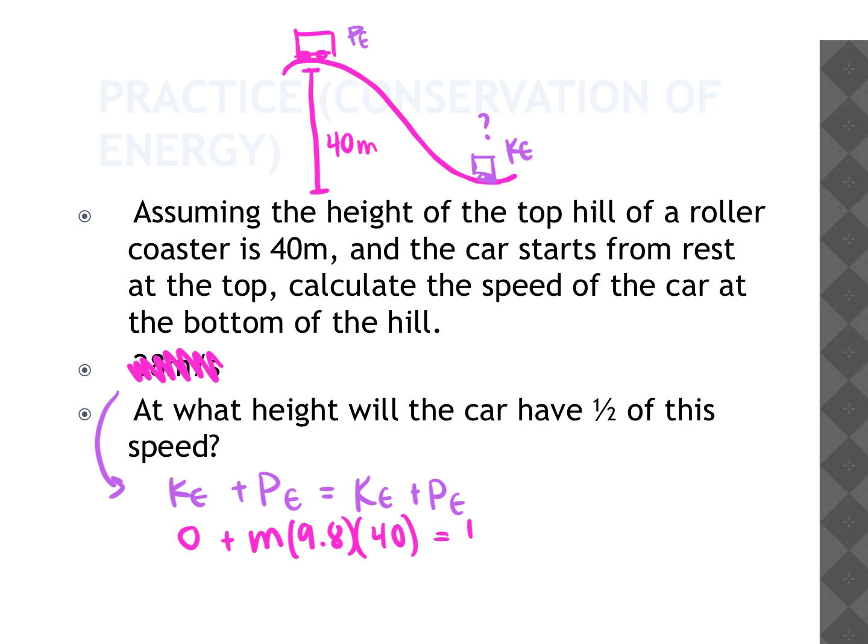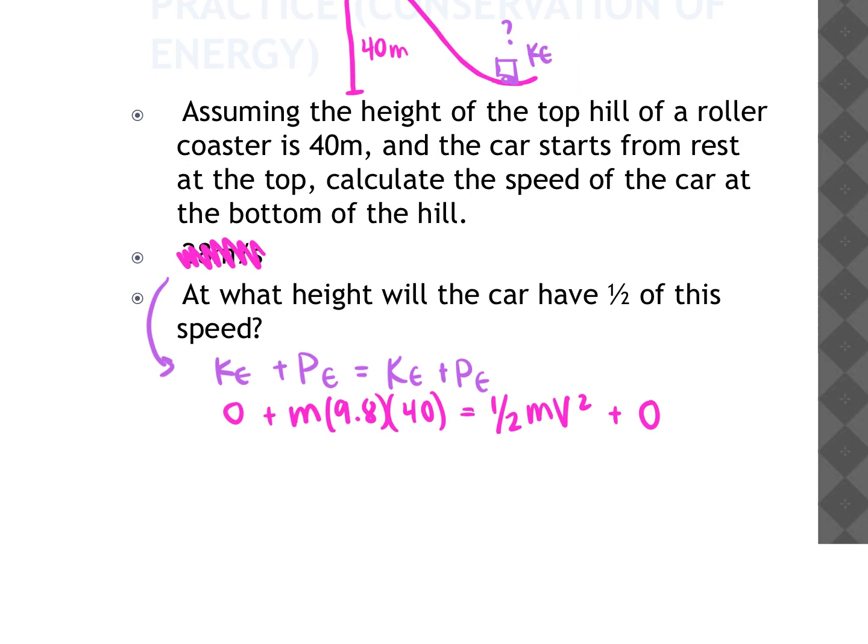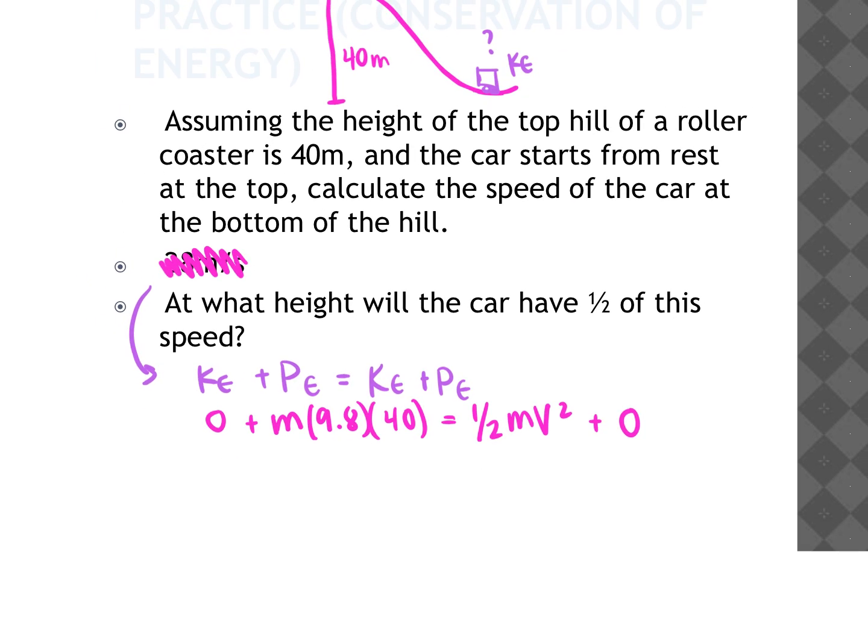And at the end, we said we have all kinetic, 1/2 mv squared, because I'm solving for v, and we have no potential, so plus 0. The reason I like to plug in those zeros is so that I know I thought about all 4 terms, right? I'm checking myself to make sure I know there's no kinetic at the beginning, and no potential at the end, so I plugged in a 0.